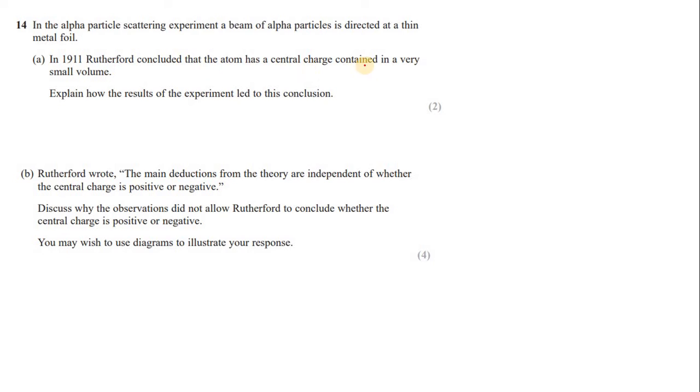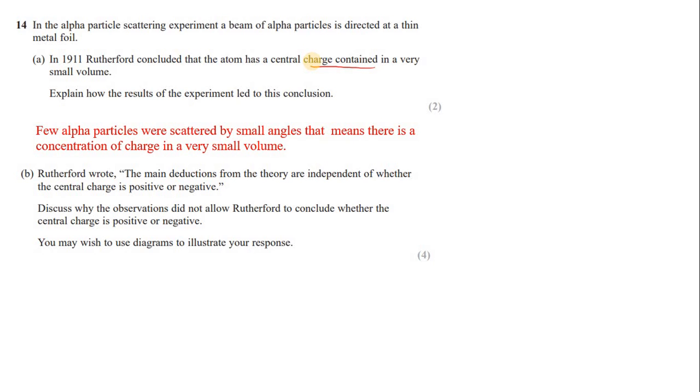So the reason is that when alpha particles were bombarded, it was observed that very few particles deviated from their original path, and this suggests that there has to be a small region of concentrated, small volume with charge. Only a few particles were deviated or scattered. That's why we can say that a small region has the charge.